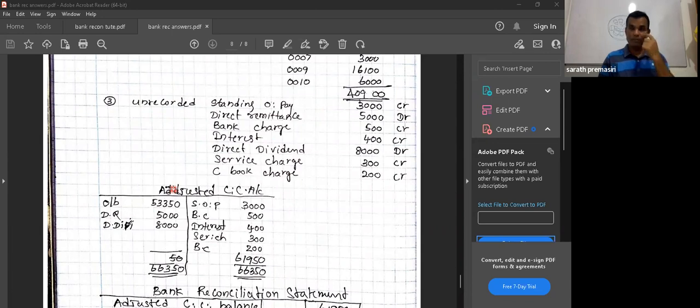First one, deposited yet unrealized checks.